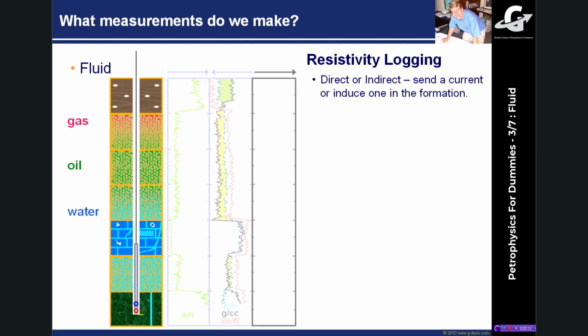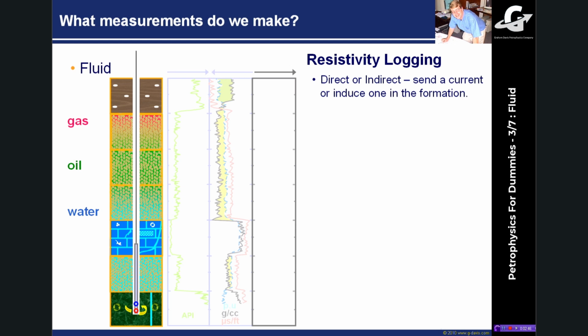Or what I'm calling an indirect measurement here, where you have an induction tool which induces a current in the reservoir. Basically, an induction tool has an alternating current which it sends through some coils in it, downhole, and this alternating current creates a fluctuating magnetic field around the tool, and this fluctuating magnetic field in turn induces a current to flow in the formation itself.